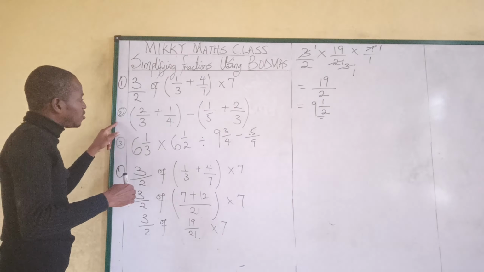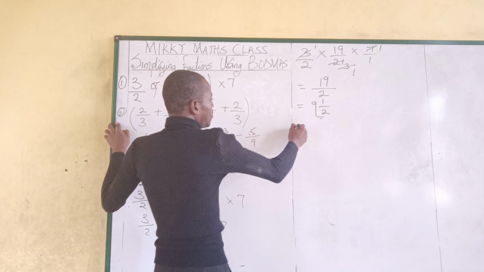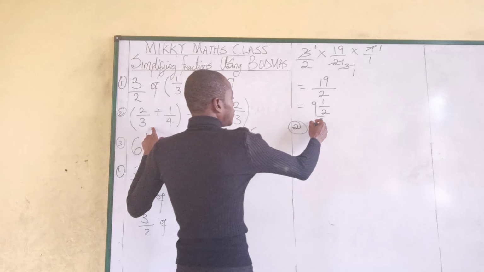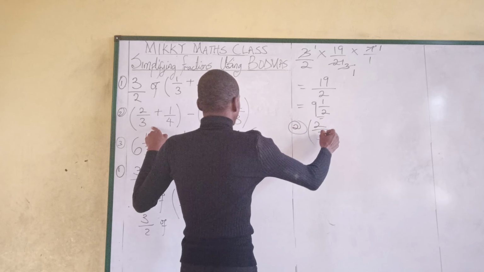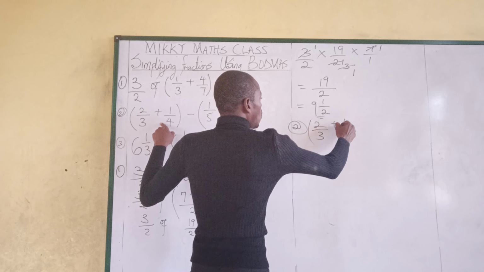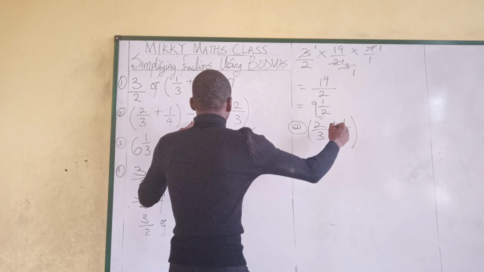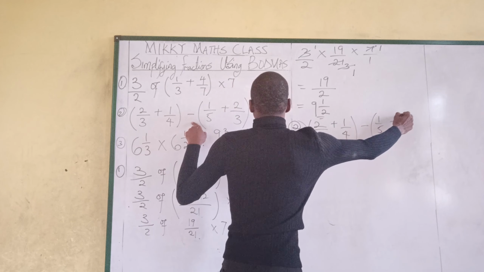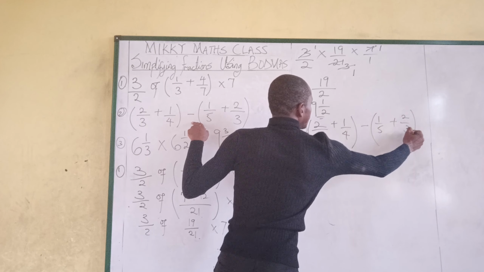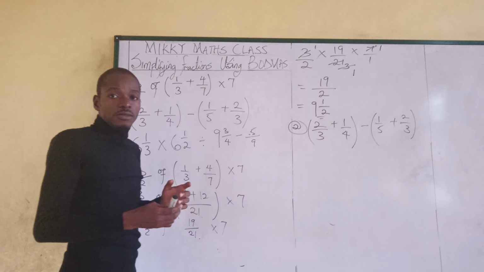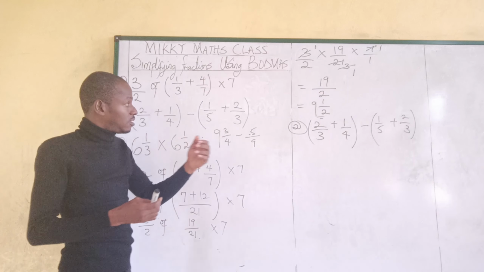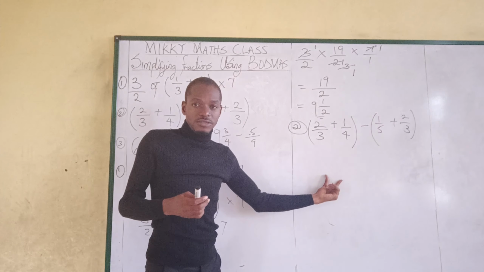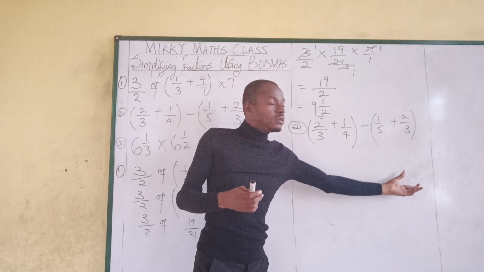So let's look at number 2. Number 2 says 2 over 3, which is in brackets, plus 1 over 4, minus 1 over 5 plus 2 over 3. So from our BODMAS rule, it tells us to simplify those terms that are in the bracket.